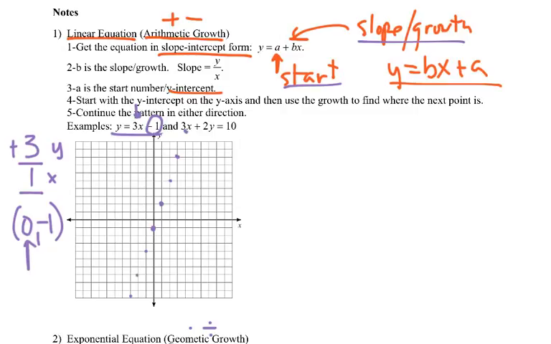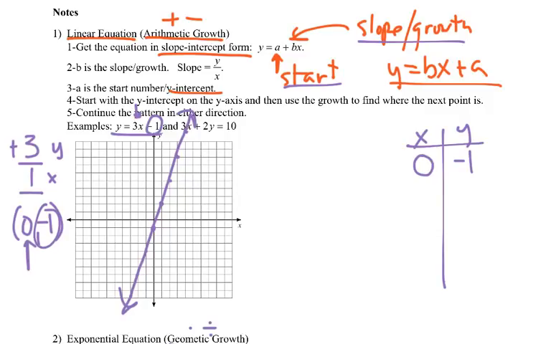Now do I need to draw all these points? No, but it helps when you're trying to draw a straight line to have more points connected. I can also use that equation to easily make a table. My start number was negative 1. Remember, we always start at 0. Because of this 3, it means I'm adding 3 each time.